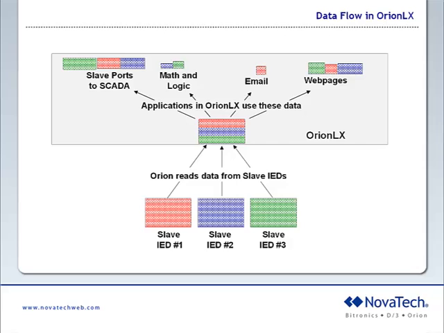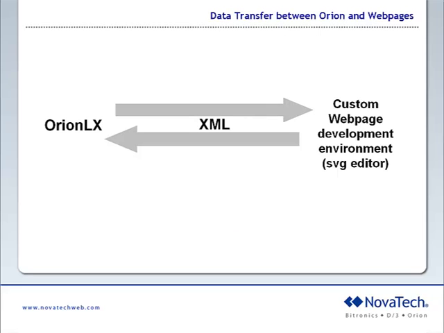Each of these applications that use data needs to have the data points defined as to which points are going to be made available. Now with Webpages, the data that's used to animate Webpages uses a mechanism called XML.